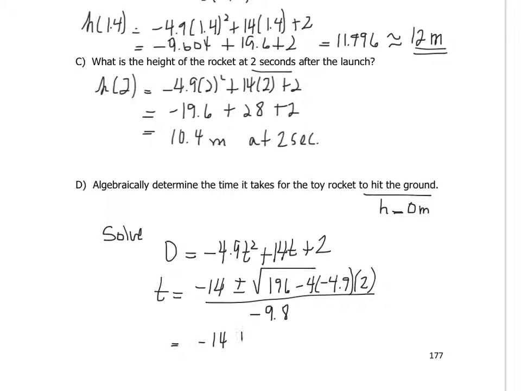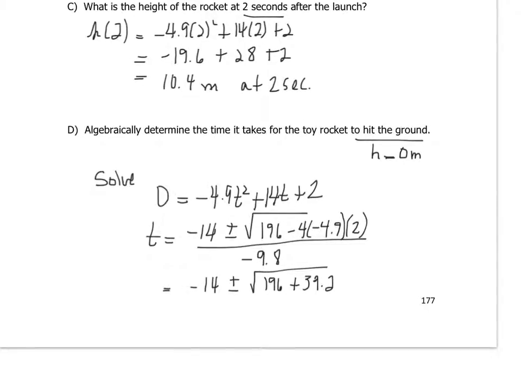So that's going to be negative 14 plus or minus 196, and the two negatives are going to make that a plus, four times 4.9 times 2 is 39.2, all over negative 9.8.